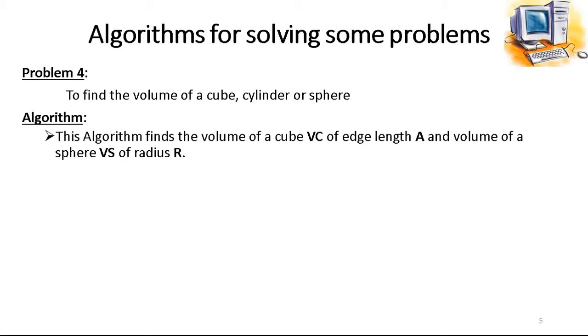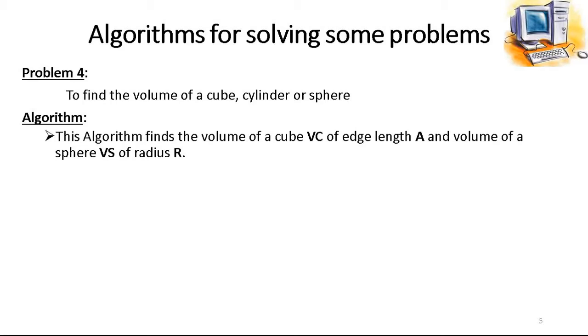VC represents volume of cube of edge length A. Remember that every edge of a cube has the same length. So if we get the input value for A, which is actually the length of each edge of the cube, it means that we have got the length of every edge.